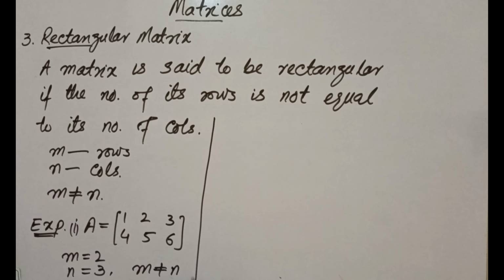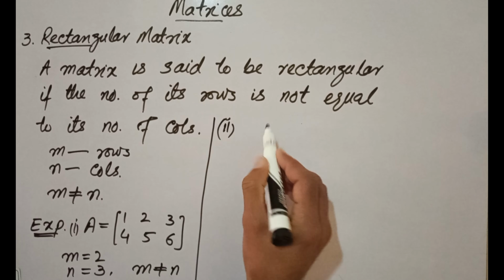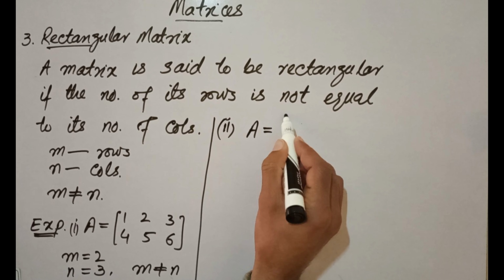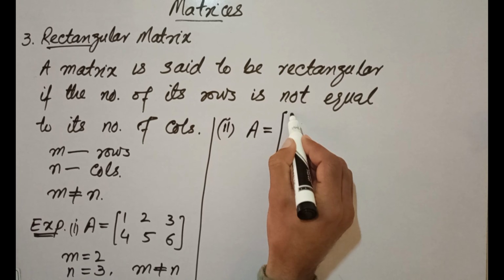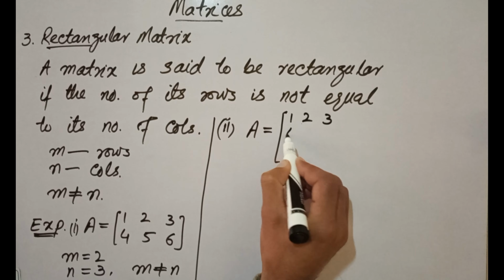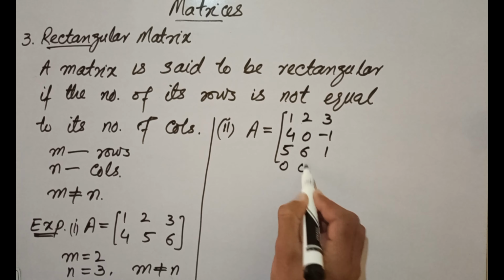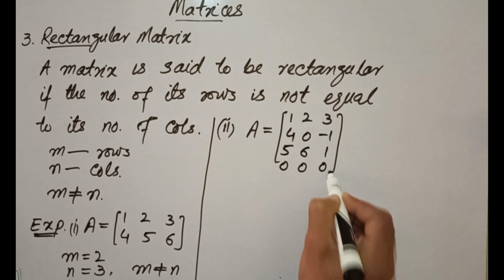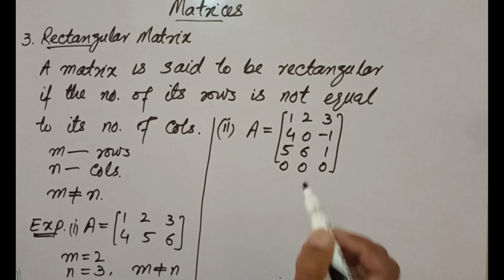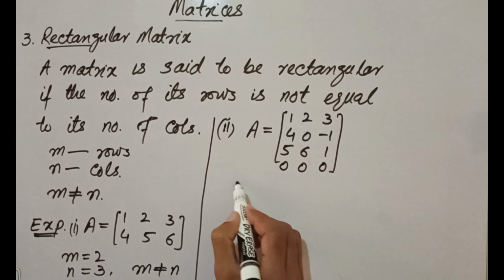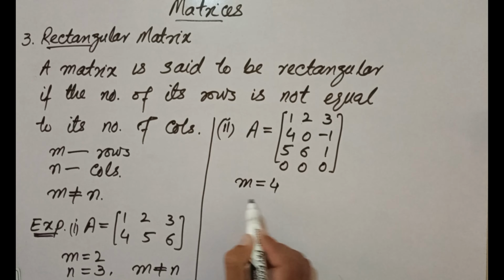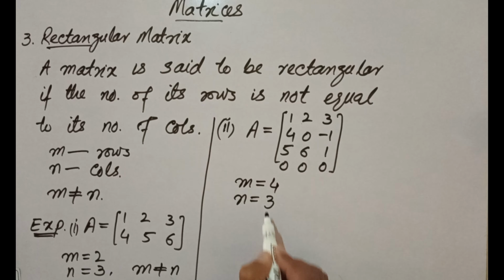If we consider another example, in this case we have 4 rows, m is equal to 4, n is equal to 3, m not equal to n, hence the matrix is said to be rectangular.